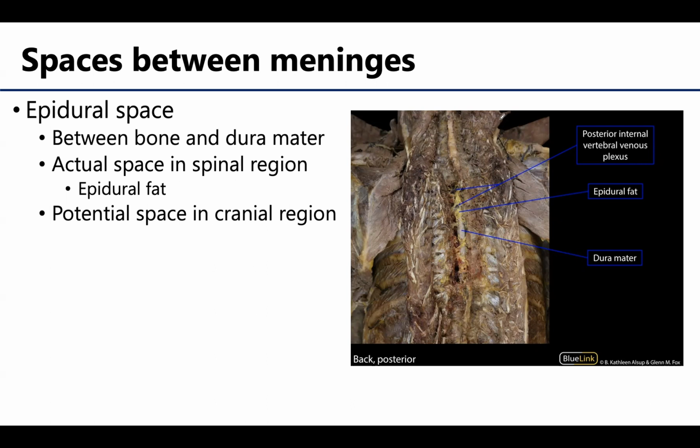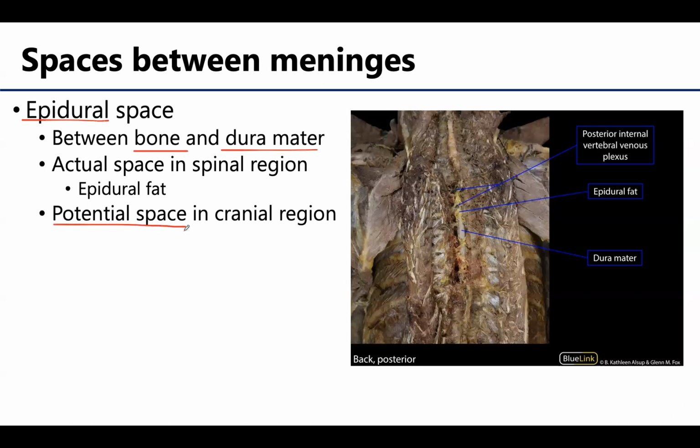So let's start with the most superficial of spaces, which is the epidural space, so upon the dura, which is located between bone and dura mater. In the cranial region, the periosteal dura is closely adhered to the bone, and so this is going to be a potential space.